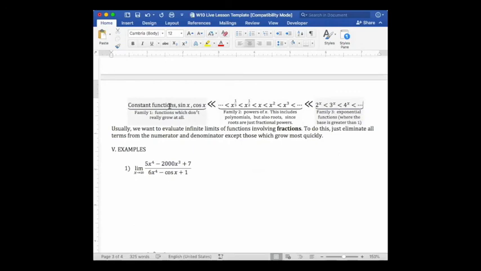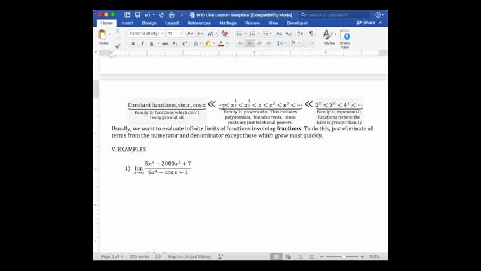Those don't grow at all. They just stay the same. And also in that family of the slowest growing functions, we have sine and cosine, because as we've seen, those don't really grow over time. They just oscillate. They bounce up and down. So these guys, constant functions and sine and cosine, this is the slowest growing family of functions.